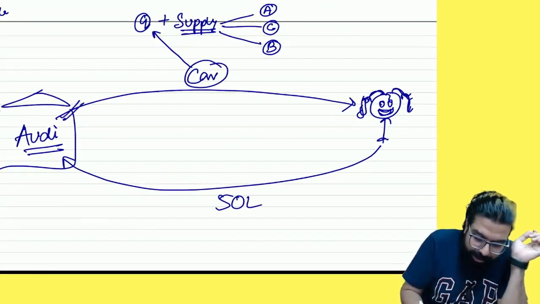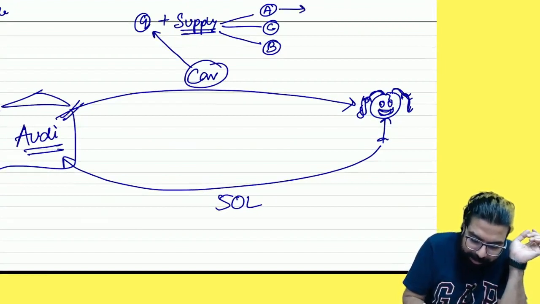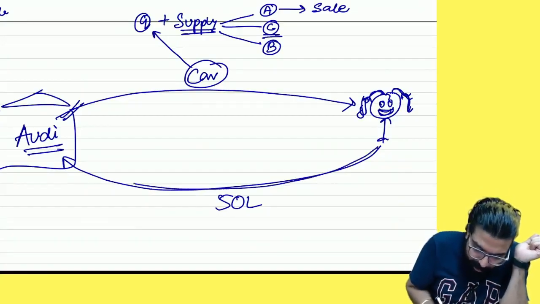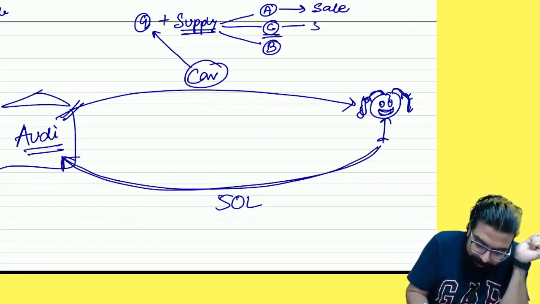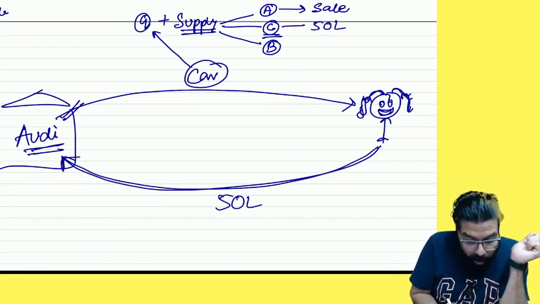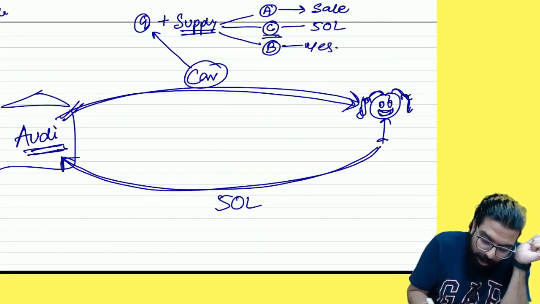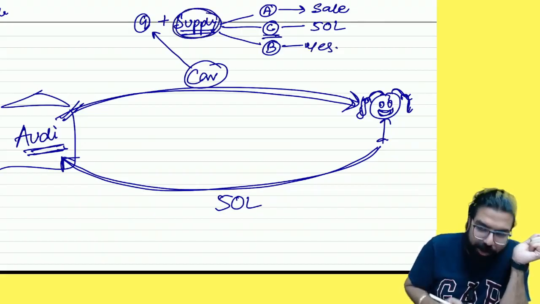When Audi sold a car, is it an activity? Yes. Is there a consideration which Audi is getting? How much? 50 lakh. Is it Audi's business to sell car? Yes. And if all the three are yes, it is falling in the definition of supply.